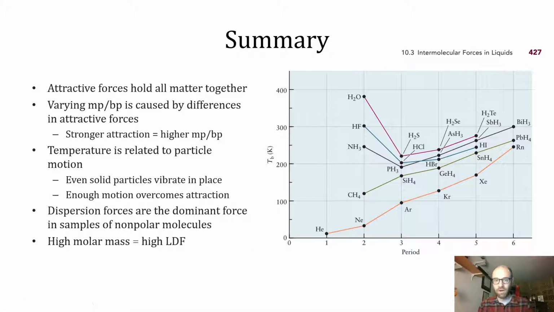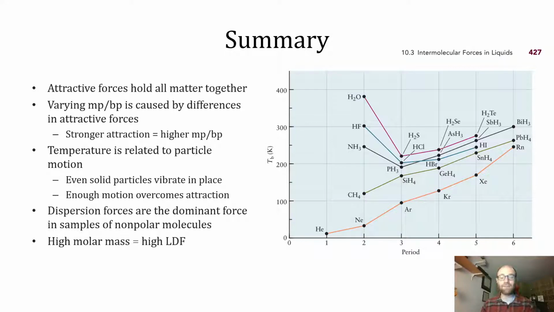So to sum things up, there are these attractive forces that help dictate at what temperatures, at what molecular motions phase transitions occur. The weakest of which we talked about today was the London dispersion force, sometimes just called dispersion force. And it's this attraction based on shifting electrons and luck and chance and probability, but it does happen.